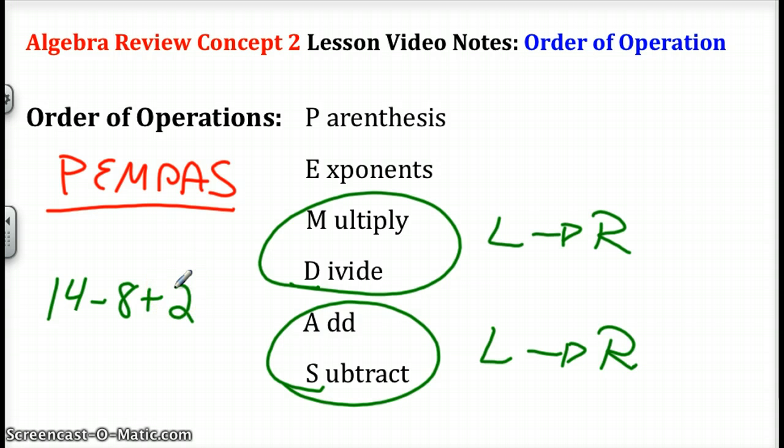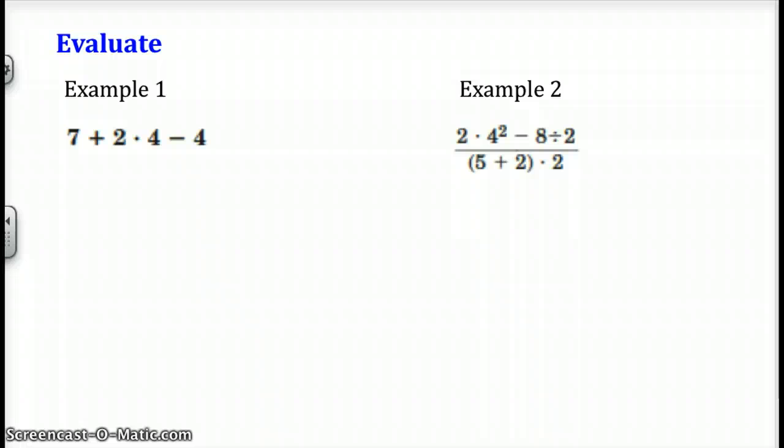I have only adding and subtracting here, so I start and go from left to right. So 14 minus 8 is 6, and then plus 2 is 8. Keep that in mind when you have all adding, or adding and subtracting, or all multiplying and dividing. So let's take a look at our examples.